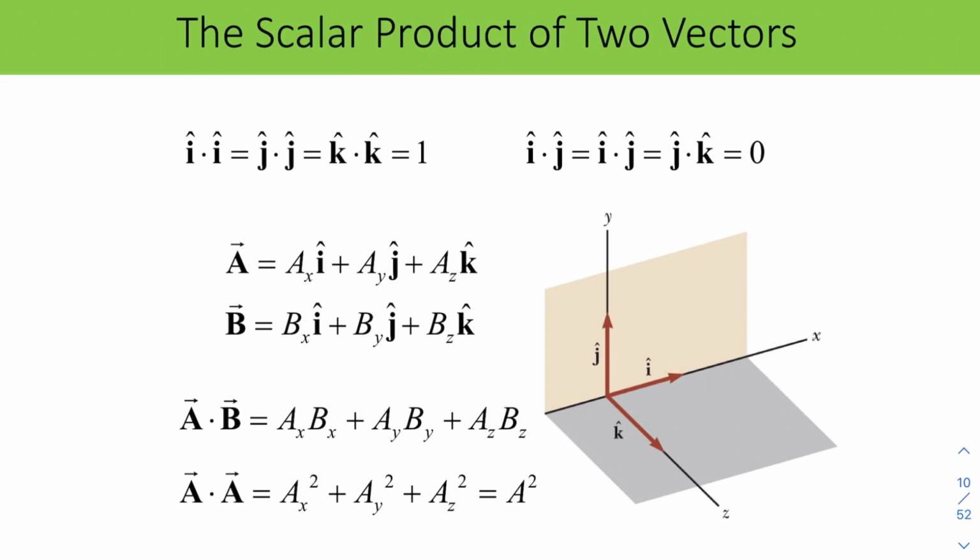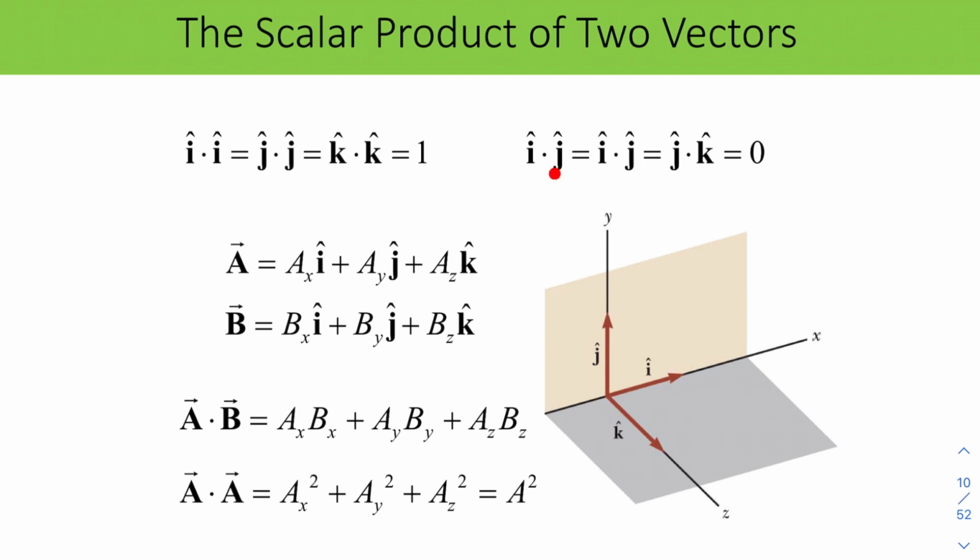Since we are dealing with vectors, there is more information about the dot product of unit vectors. It is just like a math formula. I dot I is equivalent to J dot J is equivalent to K dot K, and the amount of them is 1.